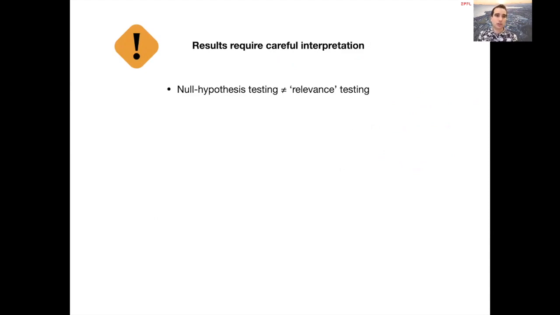Null model testing is just a tool to better characterize the nature of the dynamics that we observe. A dynamics could be linear, Gaussian, nonlinear, or non-Gaussian, and rejecting the test just tells you whether it's, for example, nonlinear, non-Gaussian, and things like that. But it's in no way a test that should be used to assess relevance of a given metric, for example, to assess neuroscientific relevance of the metric.